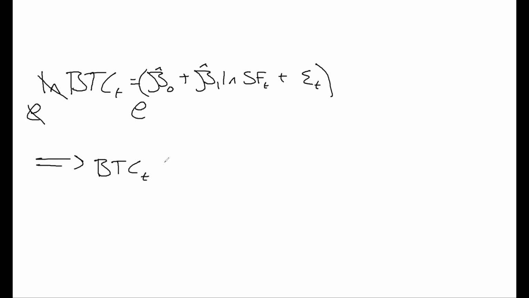So the price of Bitcoin would be equal to e to the power of our regression, so beta 0 plus beta 1 times log stock to flow plus our error. Of course, that could also be equal to e to the power of the intercept times e to the power of all that, and so on. Either one would work. Well, anyway, so now to actually do it in our notebook.